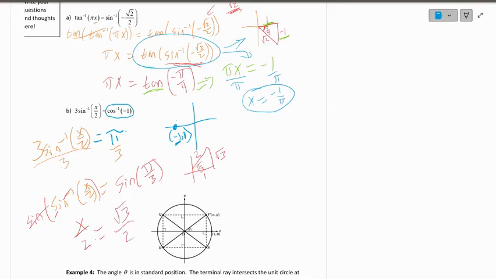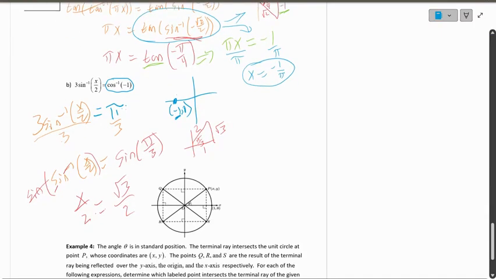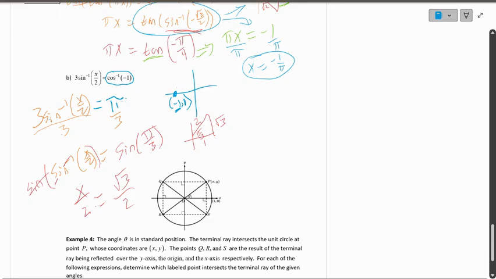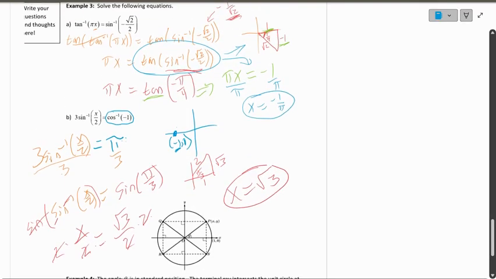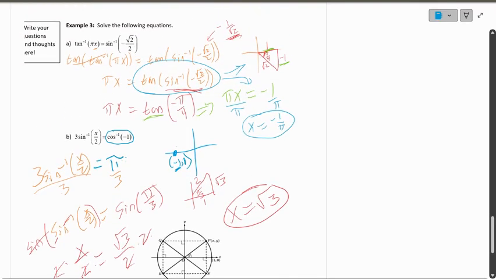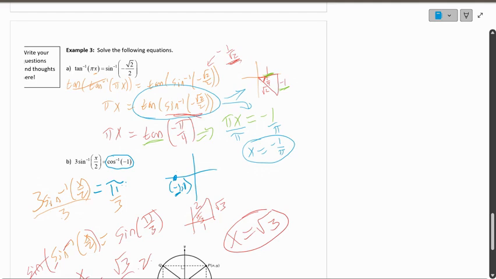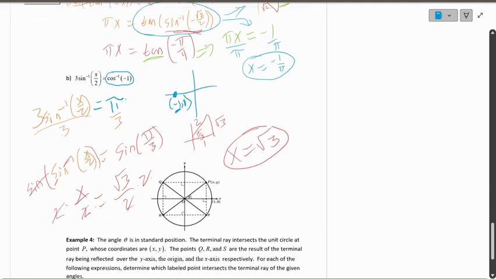Maybe you know that already because we've done a lot of these, so if you knew that, you didn't need to draw the triangle. Then our last step to solve for x is to multiply by 2. The 2's all cancel, and you get x equals root 3. And that right there is your answer for this.